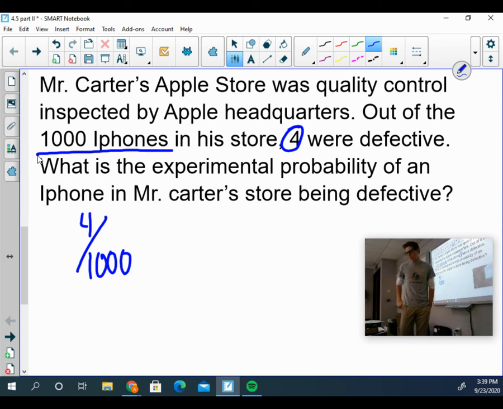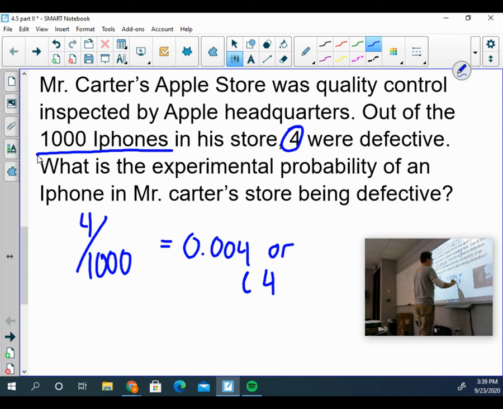Again, experimental probability is the frequency divided by the number of possible outcomes. Okay, how many were defective versus how many total are there? So there's a 4 out of 1,000. Maybe you wrote it as a decimal, or roughly 0.4%. Okay, probably nothing new to you, nothing crazy.